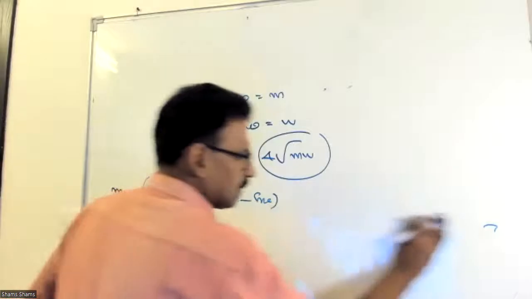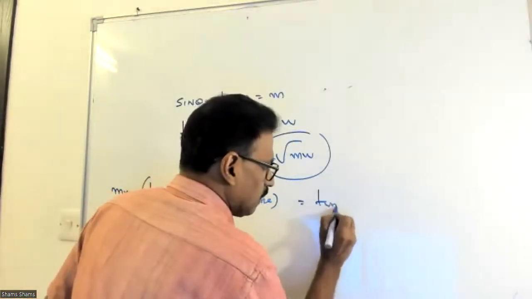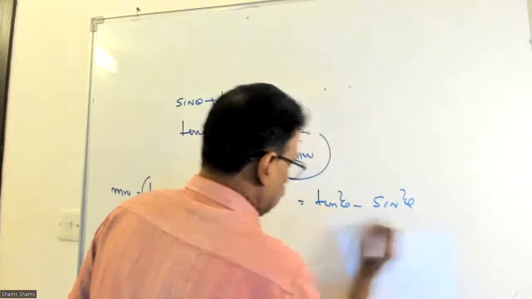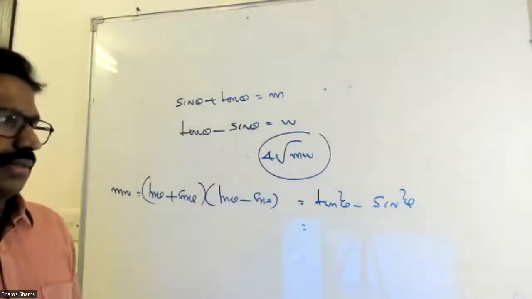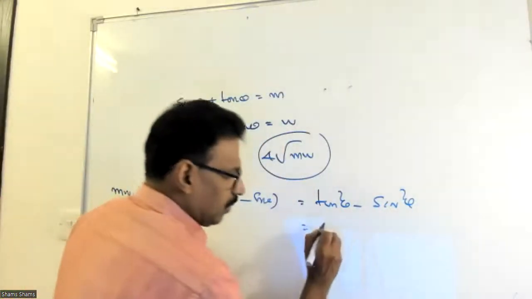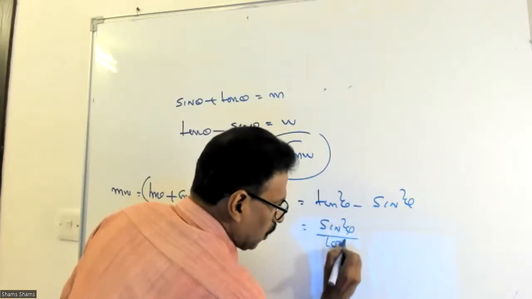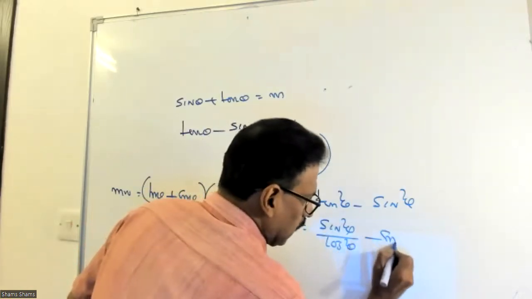That is tan square theta minus sin square theta. Tan square theta we can write sin square theta divided by cos square theta minus sin square theta.